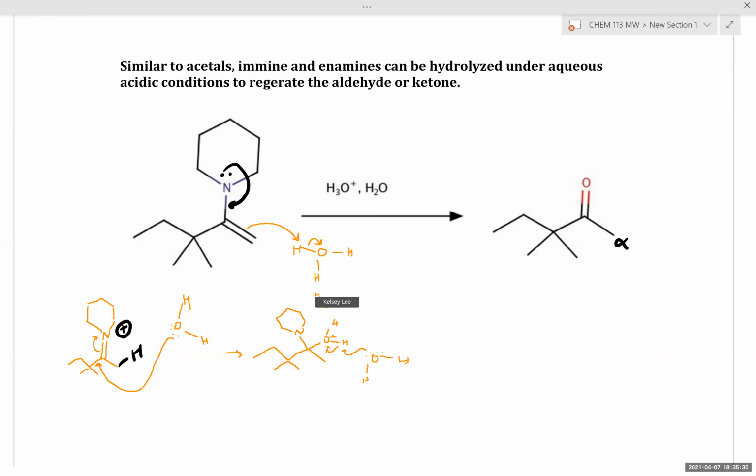Do we have any comments in the chat? Nitrogen gets protonated, yep. And then I see someone in the chat typing the next step, where the oxygen lone pair is going to be used to kick out our ammonium ion.